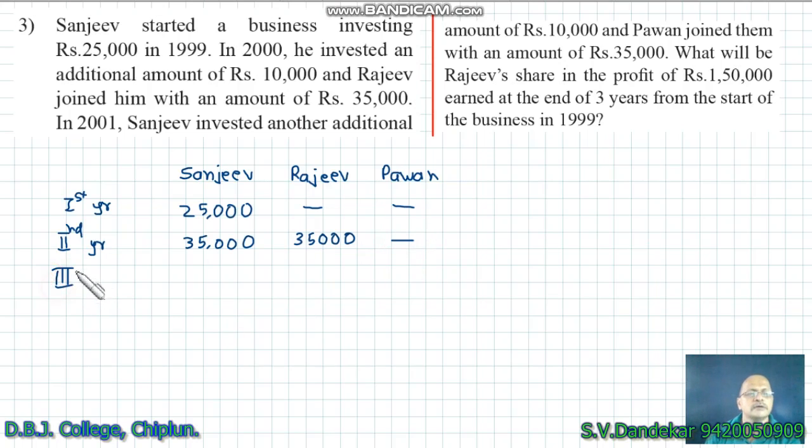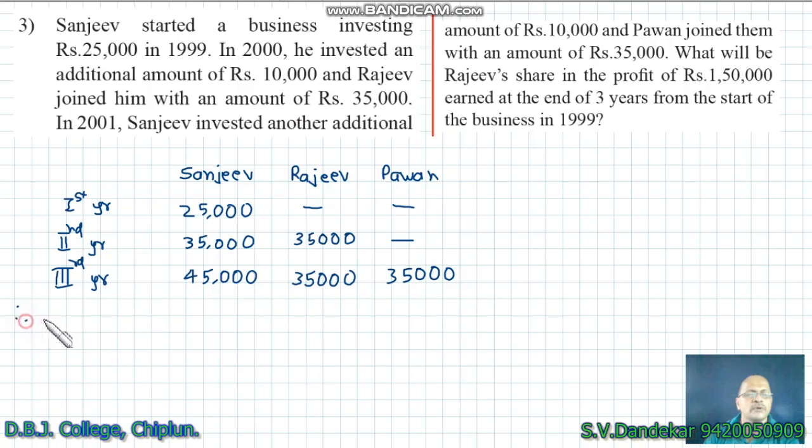And in the third year, that is in 2001, Sanjeev invested another additional amount of 10,000, that is his capital is 45,000. Rajiv did nothing, so his capital remains 35,000 and Pawan joined with capital 35,000.